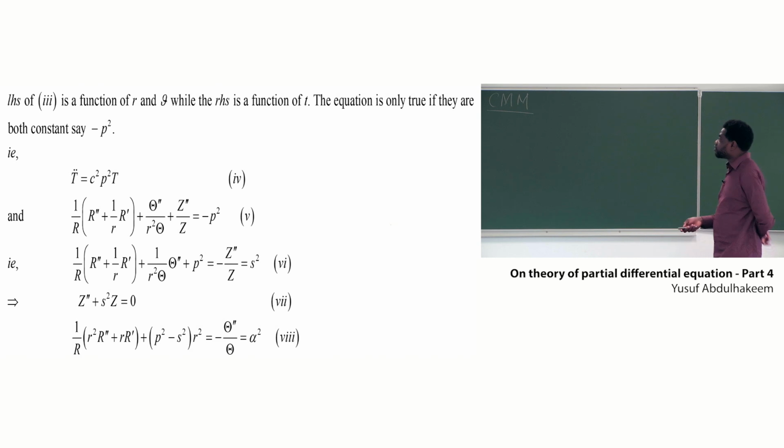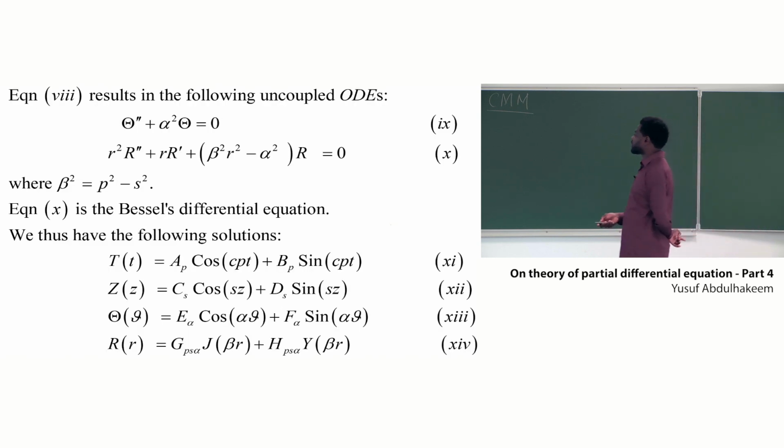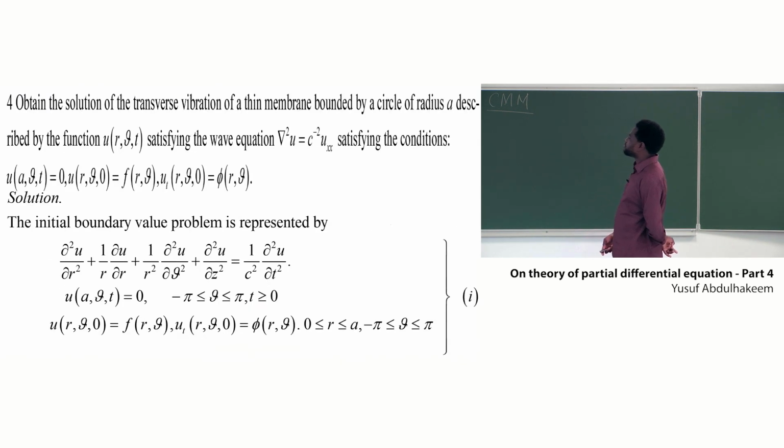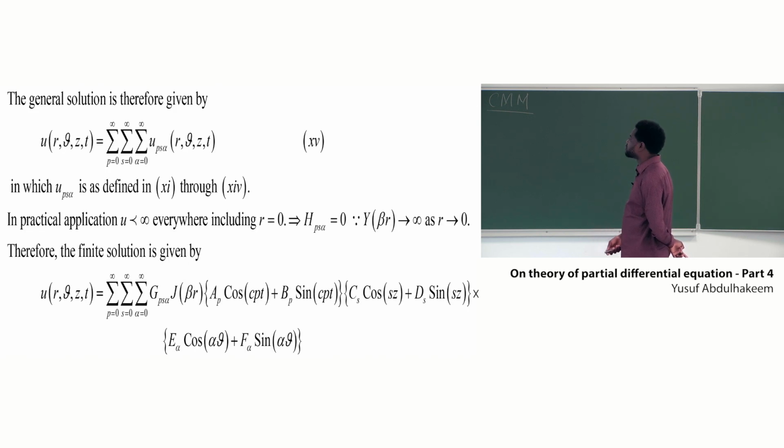This is where we presented the solution to all the assumed functions. Then we move on until we obtain the final solution, which we presented here for that wave equation.